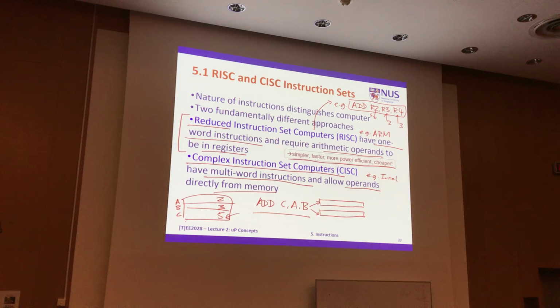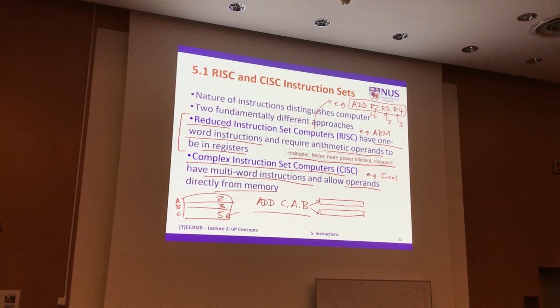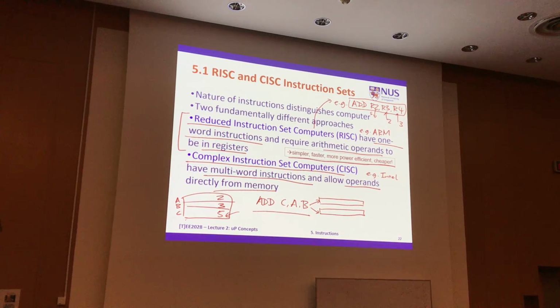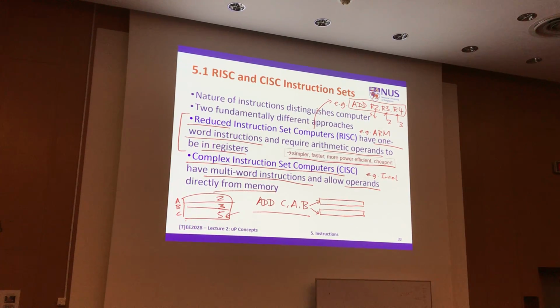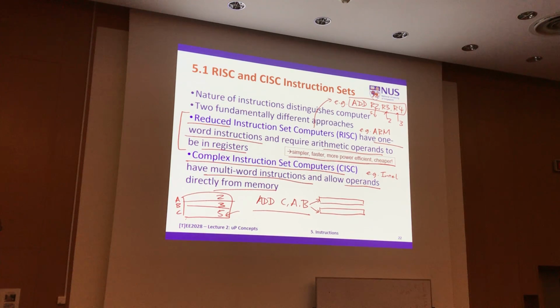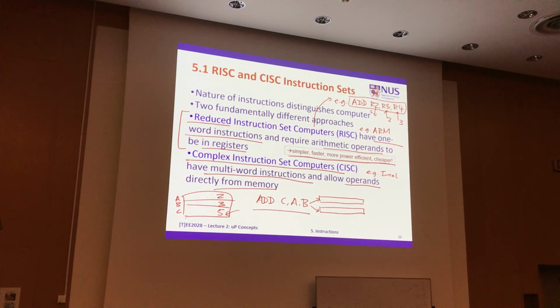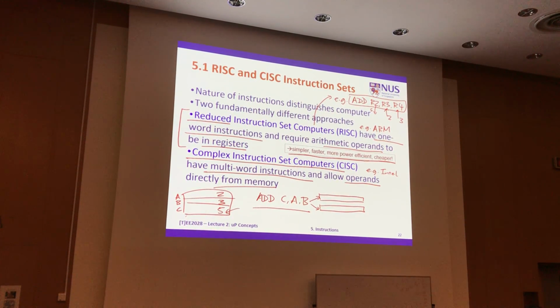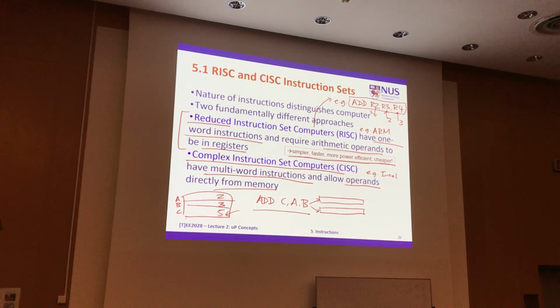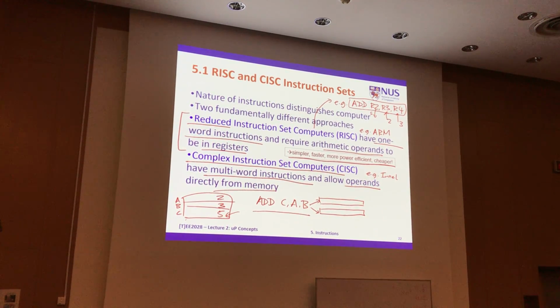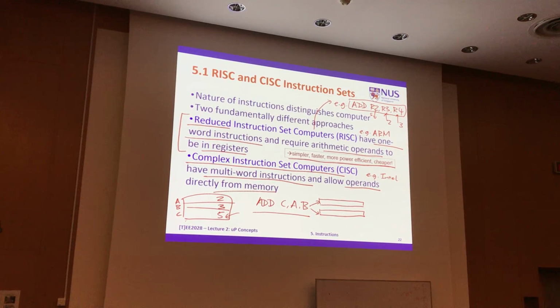But for RISC, the 1-word instructions, right? And actually, if you were to do any arithmetic operations, the operands or the values that you work with must be already in the processor registers before you can add them, for example.